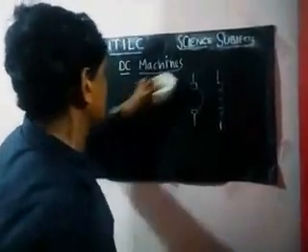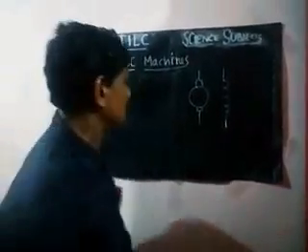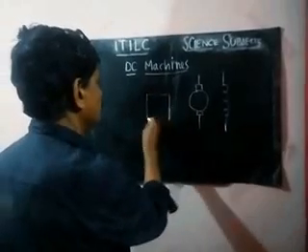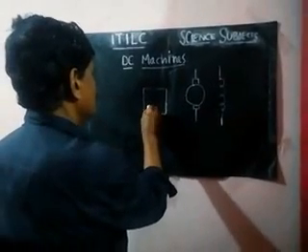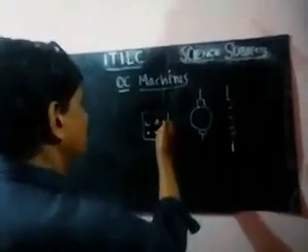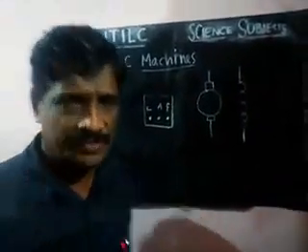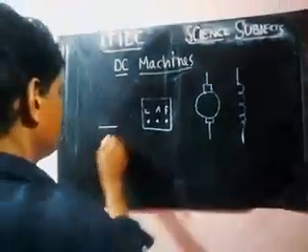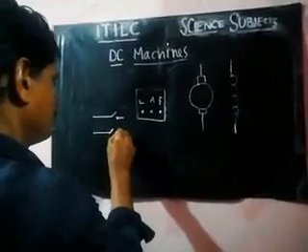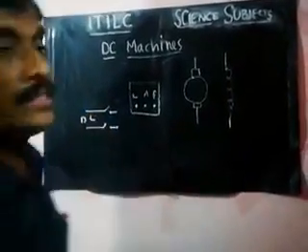I'll give an easy way to understand what a 3-point starter is. This one is known as the 3-point starter. The points are L, armature and field. There are 3 points. If we operate with this 3-point starter with the double pole switch, DC is given to the double pole switch.